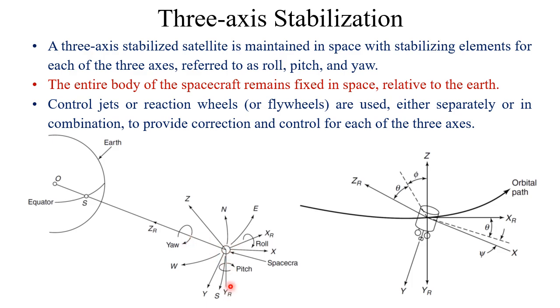So whenever the body or the antenna tries to change its direction, it will be measured in which direction it is trying to change, and based on that, the corresponding flywheel will start to rotate, in such a fashion that it will generate some angular momentum, and that angular momentum will return the satellite antenna to its original direction. So that's the technique.